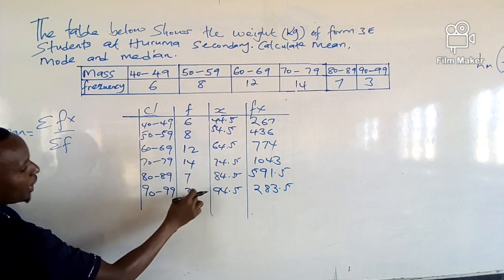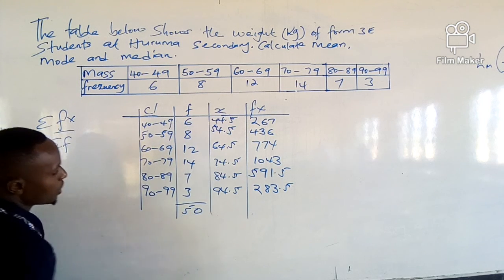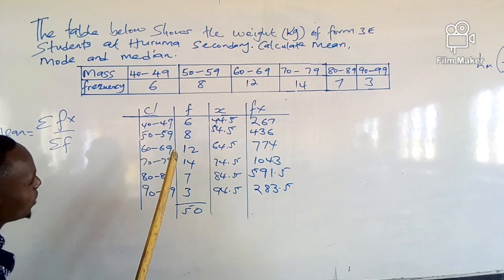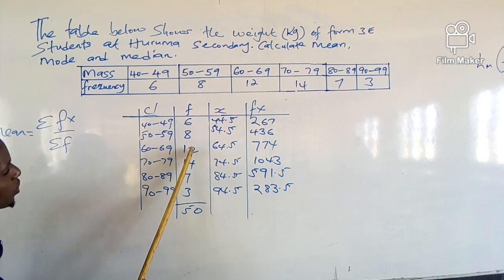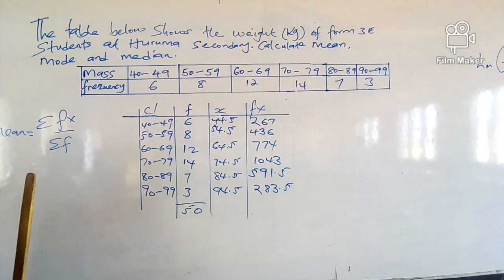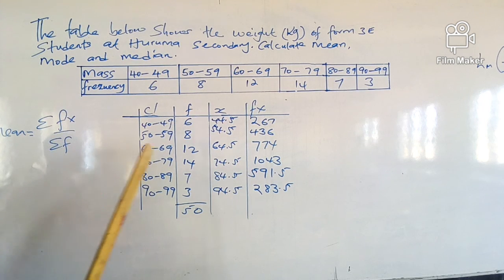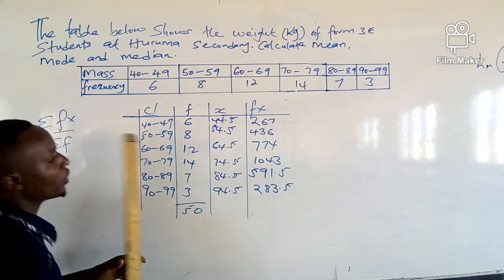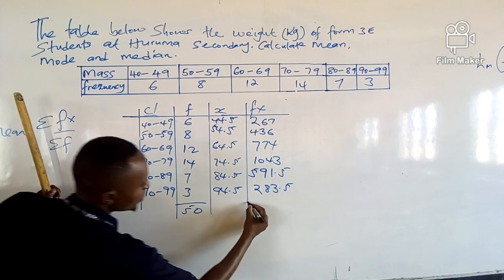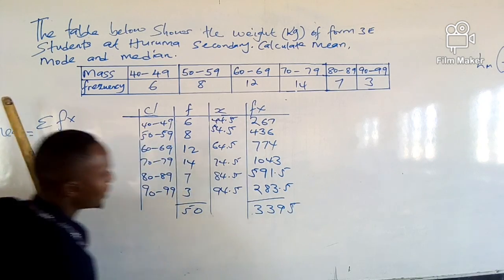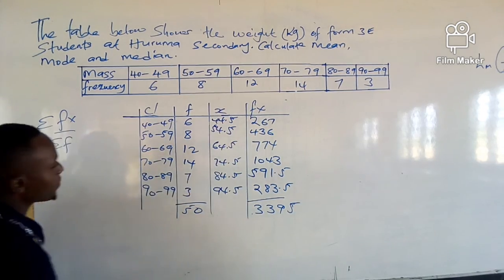We can now go ahead and add the frequencies. If we add all of them, we get 50, because 6 plus 8 is 14, plus 12 is 26, and so on. So the sum of the frequencies in this case is 50. For the column fx, we add all of them and get 3,395.